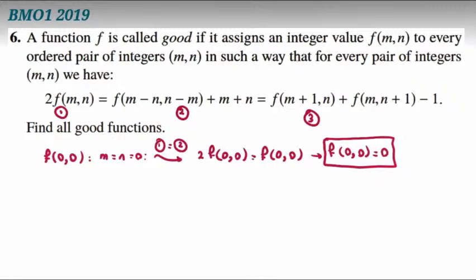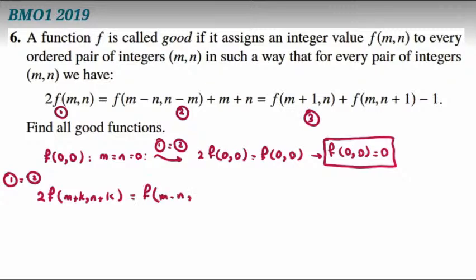Now, in the next step, for example, I want to find, here you will see that we have m minus n, n minus m. So if we increase m and n by a constant, for example by k, here they will be cancelled. So let me tell you, we can say 2f of m plus k, n plus k. We want to use 1 equal to 2, so replace m with m plus k, n with n plus k.